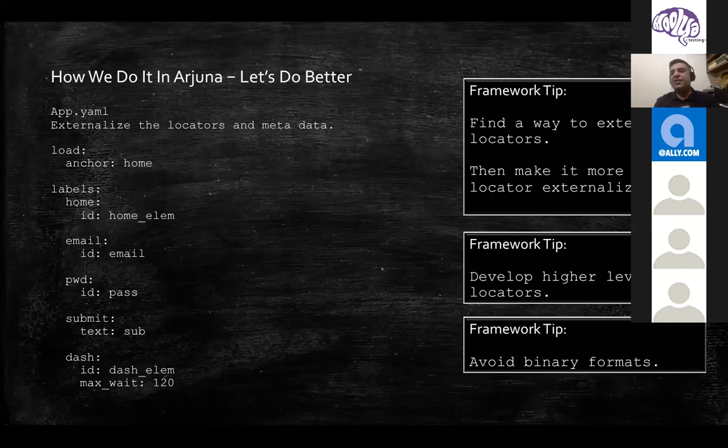What I identified is that most of the times testers actually want partial match, not full match. So when I created higher level locators, the text in Arjuna means partial match. Full text means full match.